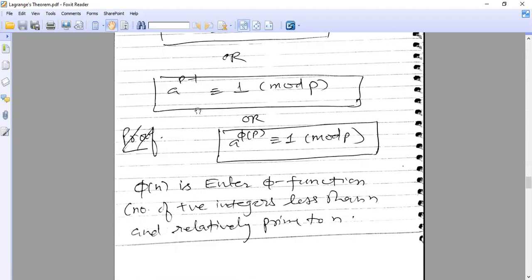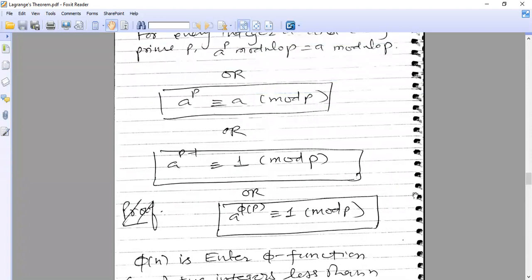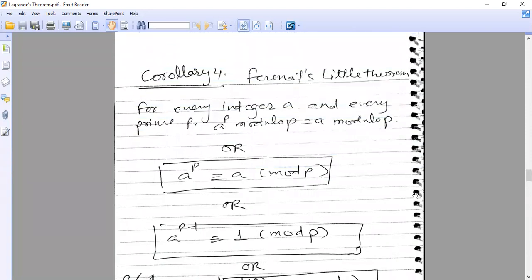So if you have a prime number p, what is the number of positive integers less than p and relatively prime to p? That is p minus 1, because every number less than p will be relatively prime to p. So phi p will be equal to p minus 1. So when we say a to the power p minus 1 is congruent to 1 modulo p, we can also say that a to the power phi p is congruent to 1 modulo p. So you can see the statement of Fermat's little theorem in any of these forms.